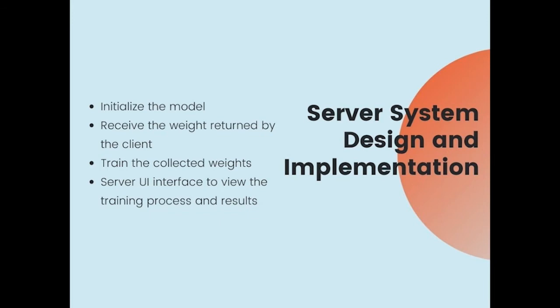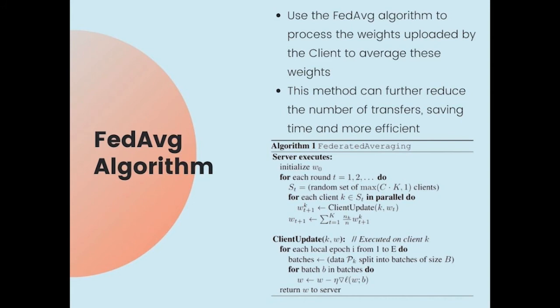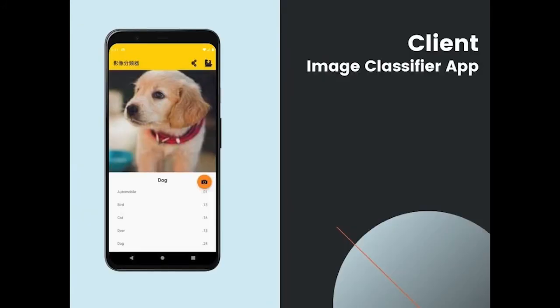Server UI interface to view the training process and results. Our system supports multiple clients. Multiple clients can be executed and send back the weights to the server at the same time. It uses the average algorithm. Client image classification app.